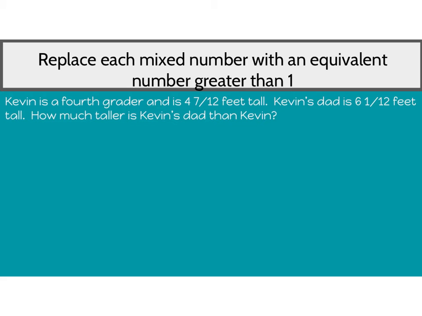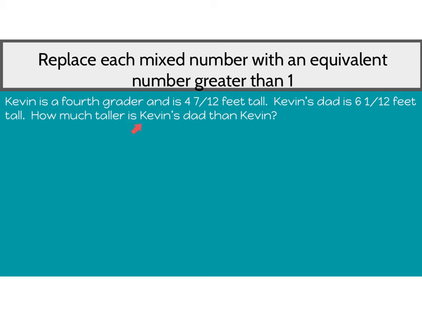For our next method, we are going to replace each mixed number with an equivalent number greater than 1. So we've got a problem that states Kevin is a 4th grader and is 4 7/12 feet tall. Kevin's dad is 6 1/12 feet tall.